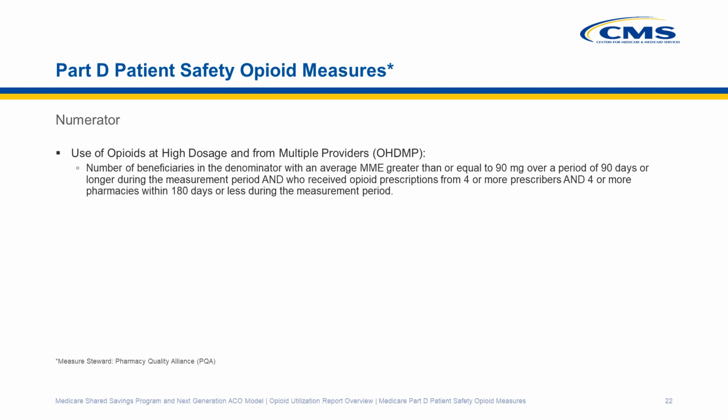The numerator for the OHD-MP patient safety measure is the number of beneficiaries in the denominator with an average MME greater than or equal to 90 milligrams during the measurement period and who received opioid prescriptions from 4 or more prescribers and 4 or more pharmacies within 180 days or less during the measurement period.